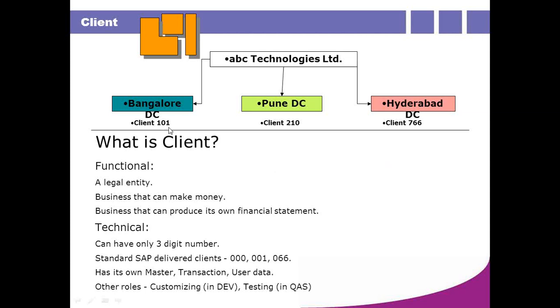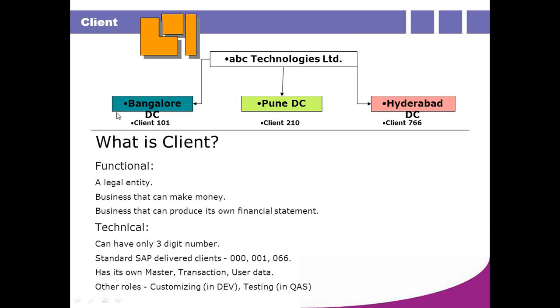As in this example, I have three clients: 101 for Bangalore, 210 for Pune, and 766 for Hyderabad. But remember, if I log into the 101 client, as you observe in your system also, you are logging into one client. You give username and password, but on top of that there is one more option, client. Already you probably see 800, I think. So you are logging into one client, maybe 800 or 101, whatever the number may be.